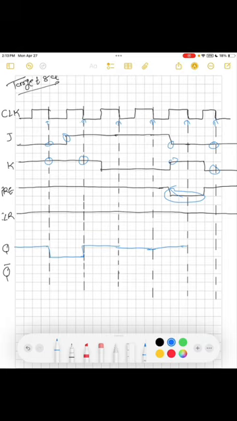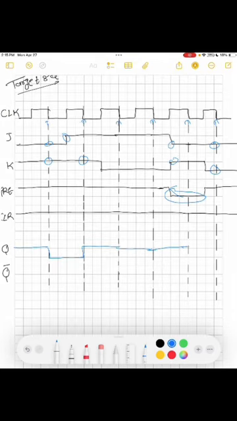But at the next following stage, J is 0, K is 0. So this is not toggle, this is no change. So then the Q will be the same, and finally pre is 1, at high.